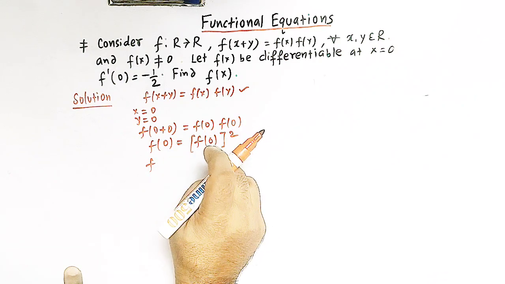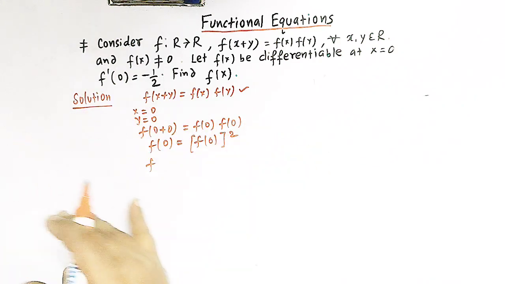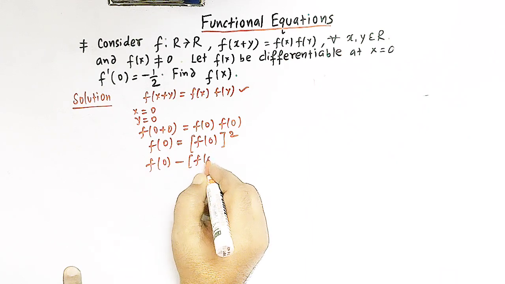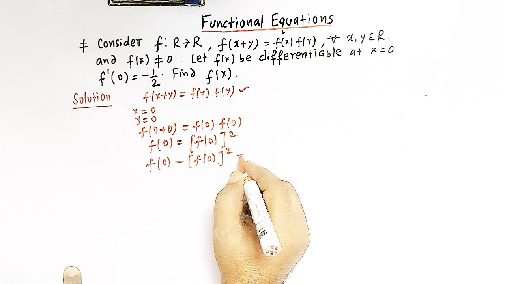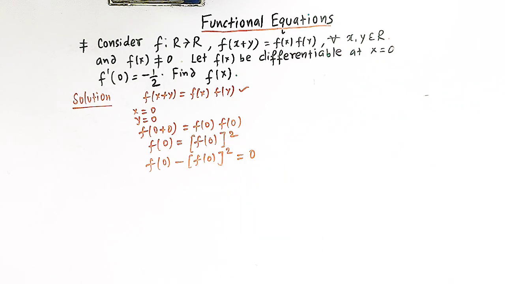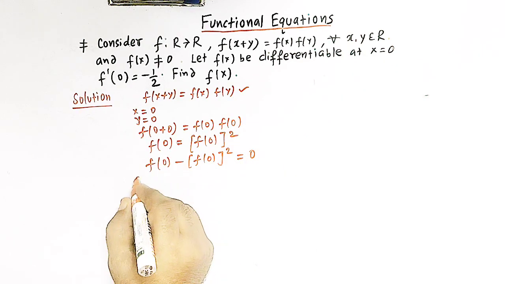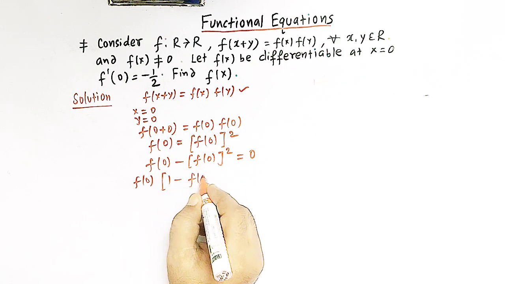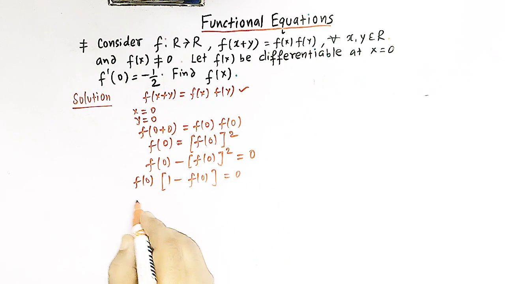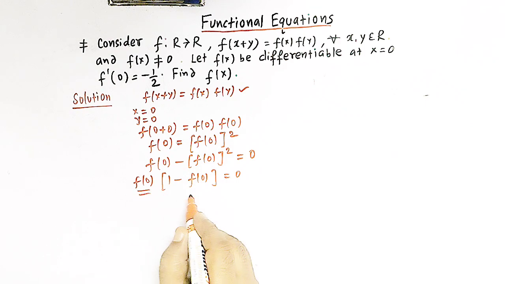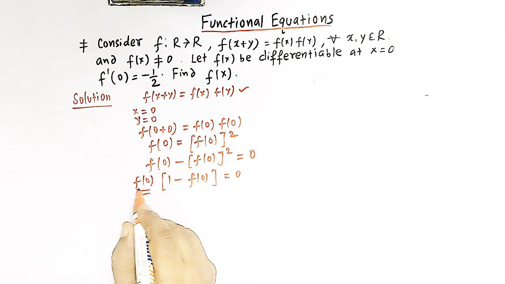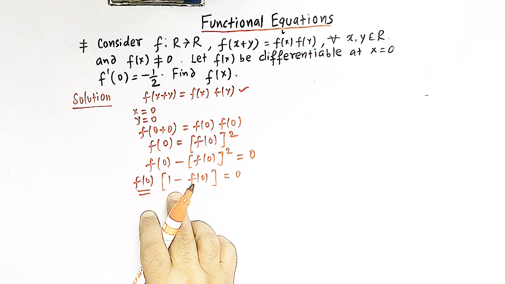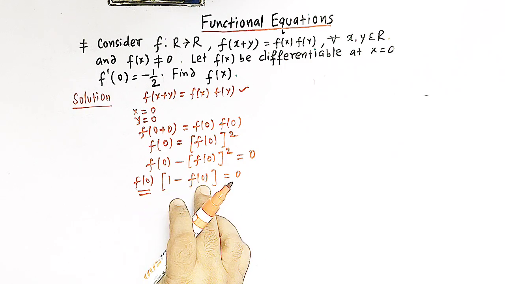Taking f of 0 squared to the left hand side, we have f of 0 minus f of 0 squared equal to 0. Taking f of 0 common, we have f of 0 times 1 minus f of 0, the product of two factors.